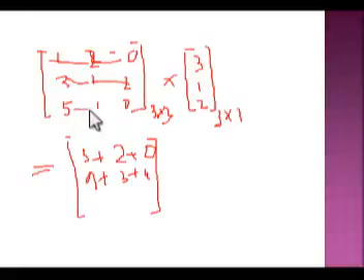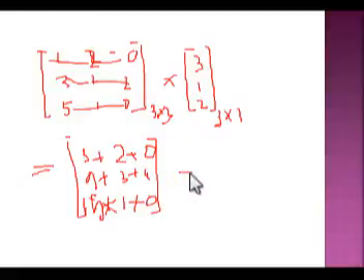Then for the third row, the third row and first column are multiplied: 5 times 3 is 15, plus 1 times 1 is 1, plus 0.